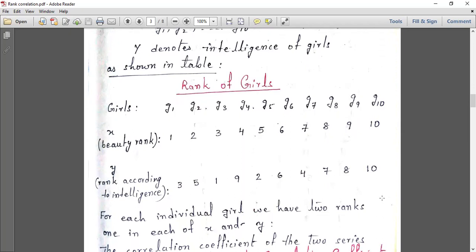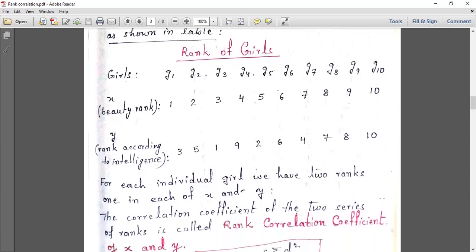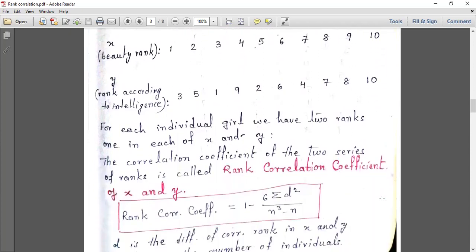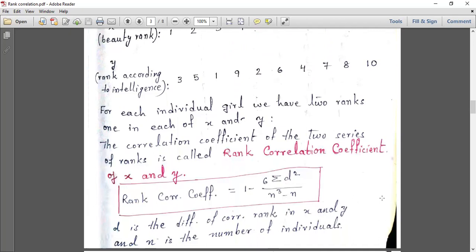Some girl has been given rank 1, 2, 3, 4, 5, 6. In the tabular form, you can see the beauty rank, which is the X variable. Y is the rank according to their intelligence given to these girls. And then we have found the rank correlation coefficient between these two variables, X and Y.